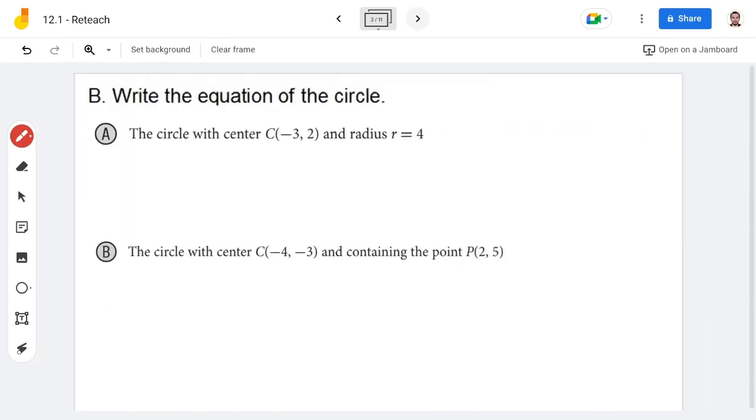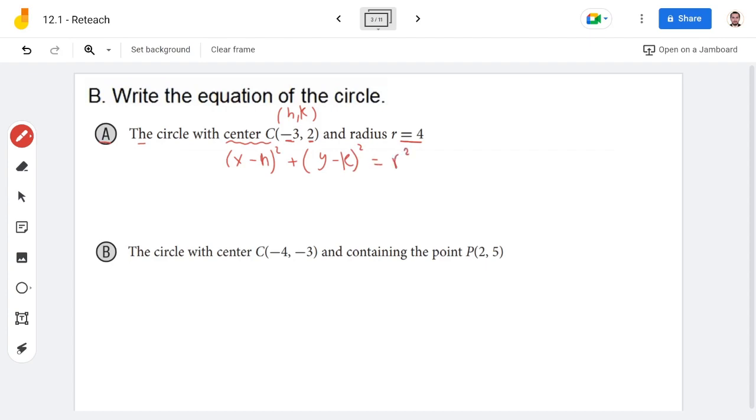Now, let's understand this lesson. Let's start with the first example. The circle with the center -3 and 2. It's saying center, center means h and k, and the radius is equal to 4. So now let's try the formula. (x minus h) squared plus (y minus k) squared equals r squared.